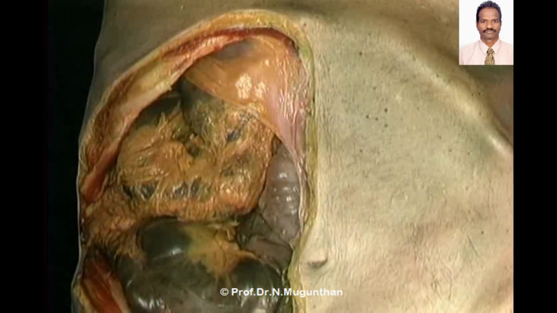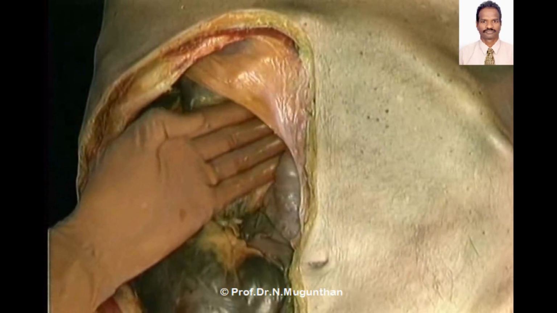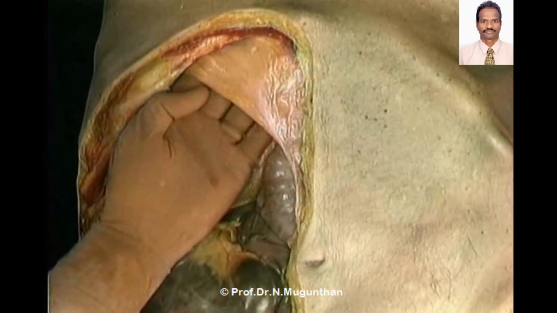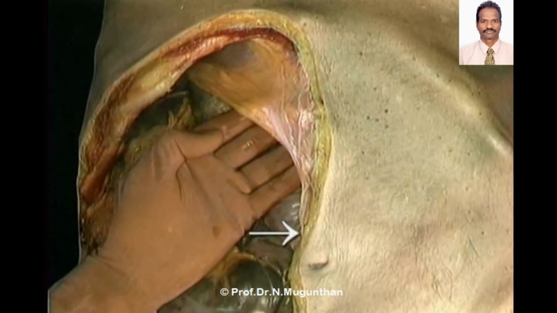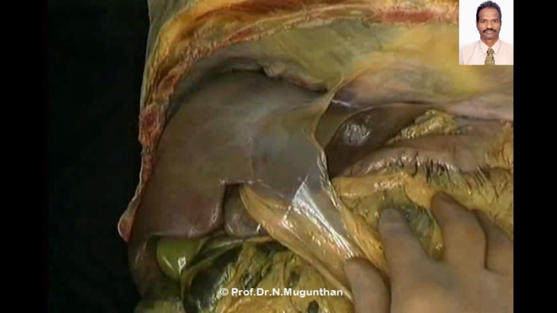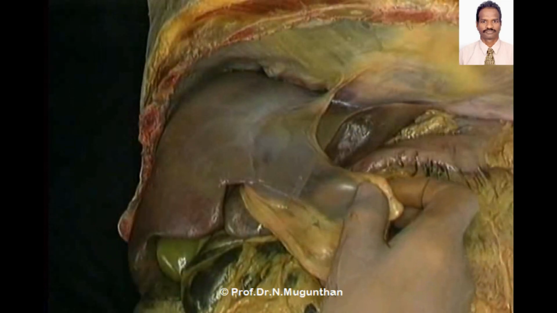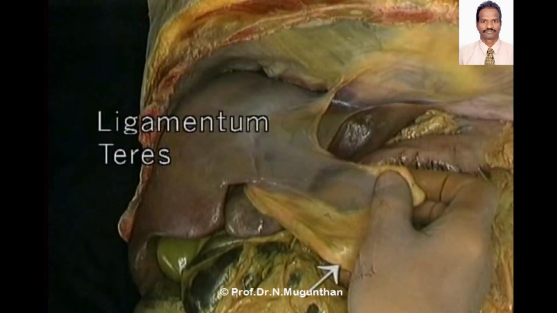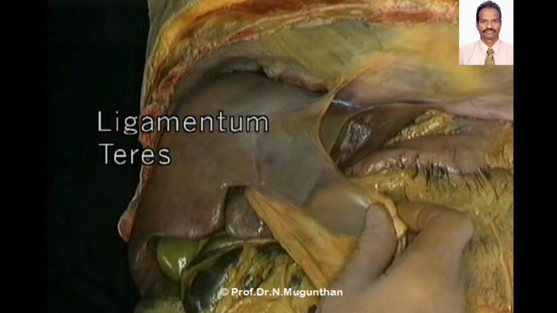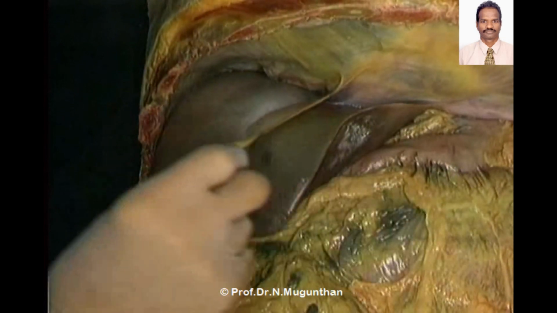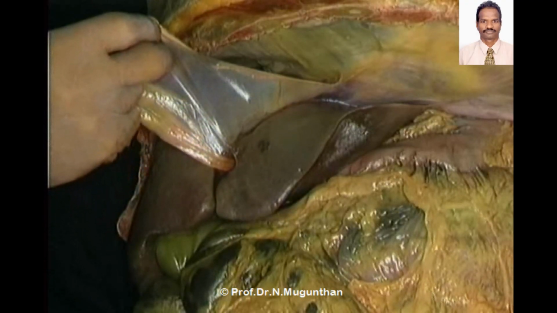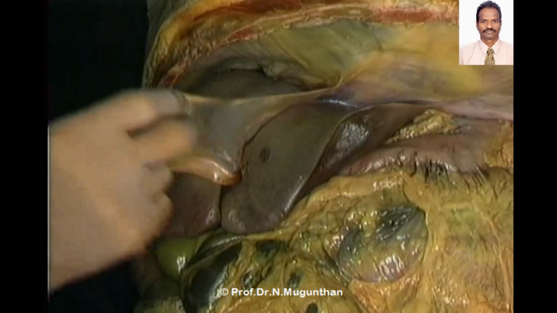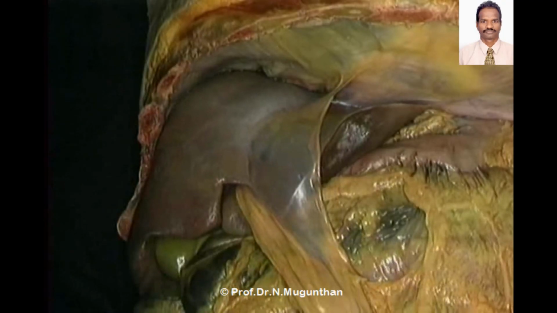The falciform ligament is attached along the anterior surface of the liver, and it extends downwards, attached along the anterior abdominal wall till the umbilicus. At the bottom, the round cord-like structure is the ligamentum teres hepatis. So that is the falciform ligament separating the right and the left lobe of the liver.